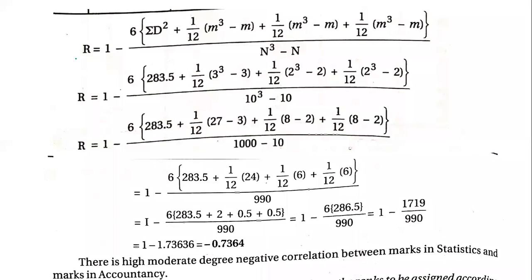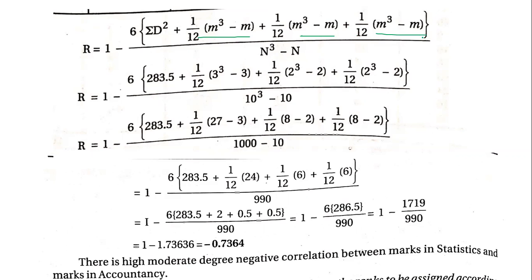R is equal to 1 minus 6 times sigma d square plus 1 by 12 into m cube minus m, plus 1 by 12 into m cube minus m, plus 1 by 12 into m cube minus m, whole divided by n cube minus n. Now we are having 3 times 1 by 12 m cube minus m.